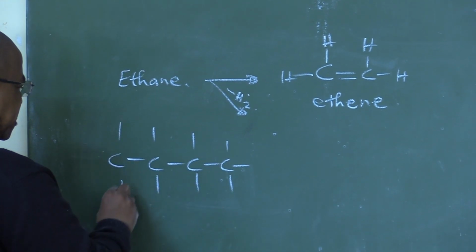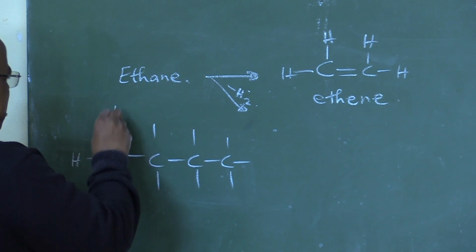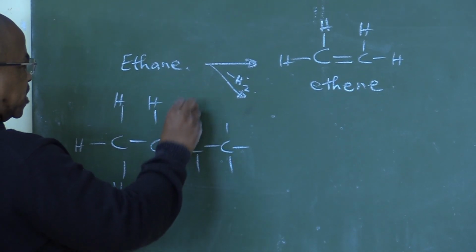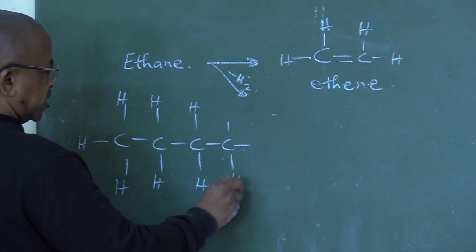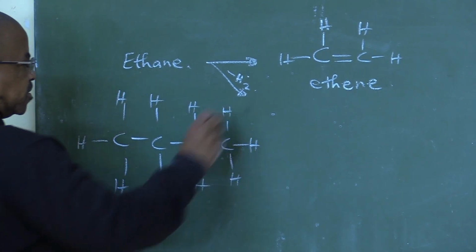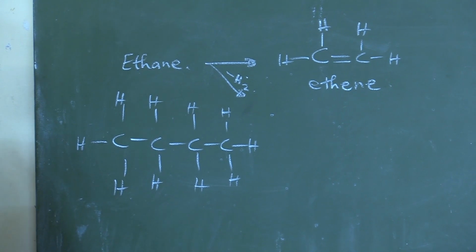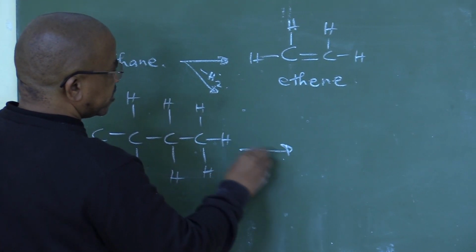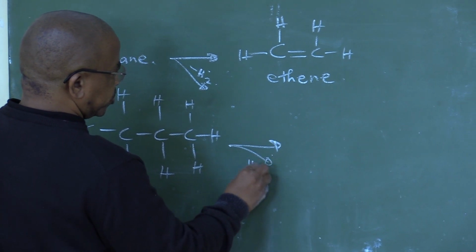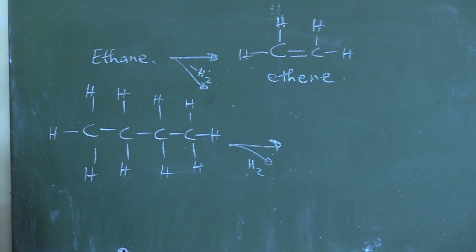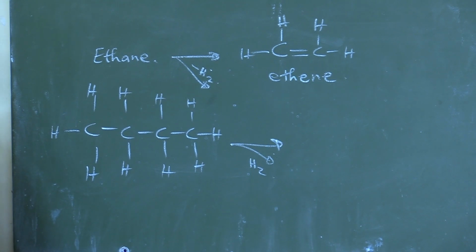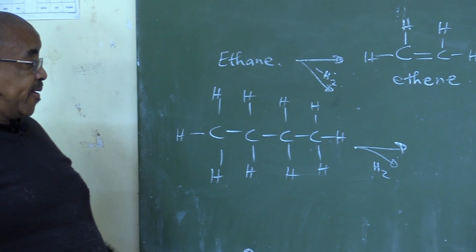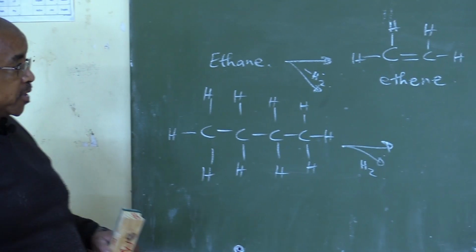Butane, H, H, H, H, H, H, H, H, H. Now, once you remove H2, you need to have a double bond eyodwa.